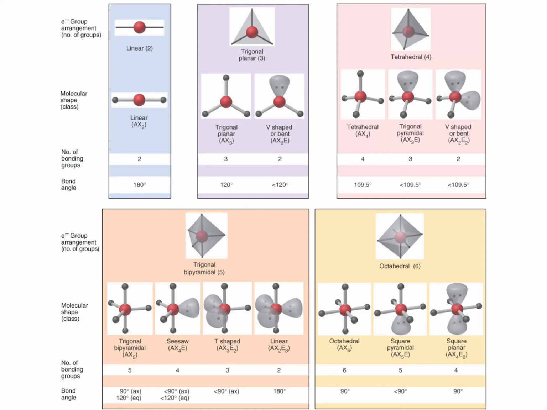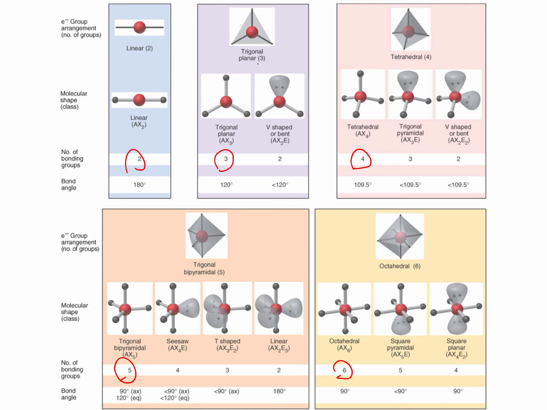Our book does not have anything like this, but I got this from a different book, and this is really nice because it shows the electron group or electron pair arrangement for 2, 3, 4, 5, and 6 if you have all bonds and no lone pairs.